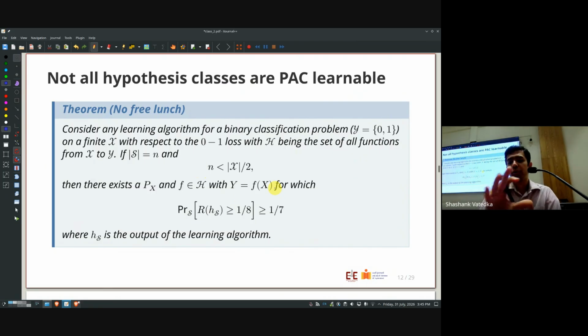But also a point that I want to make is that even if x is finite or even discrete, this problem is not easy. Because let's say, what does this theorem tell us if x is infinite and h is the set of all possible functions?